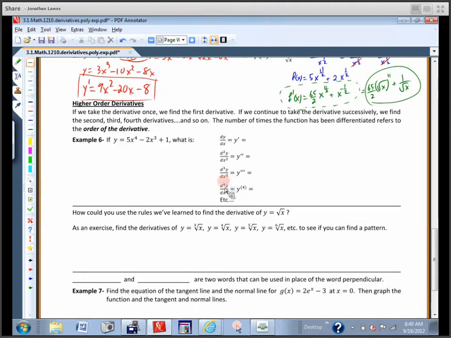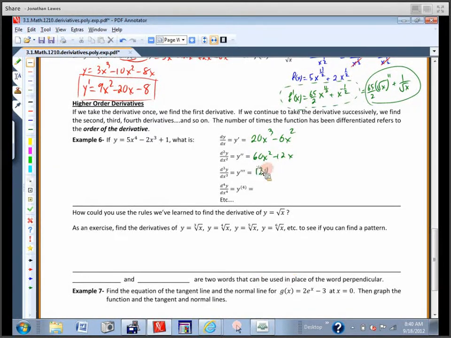Or if we say it over here, remember how to say this in differential notation? dy dx, d squared y dx squared, d cubed y dx cubed, d to the fourth y dx to the fourth. Or again, at this point, once you go past 3, we say what the order of the derivative is. Fourth derivative of y with respect to x. Okay? Any questions there?